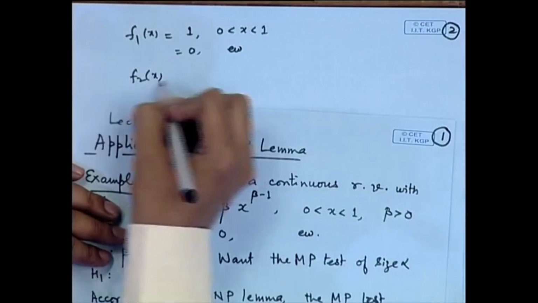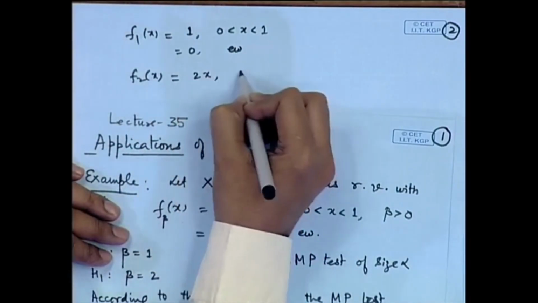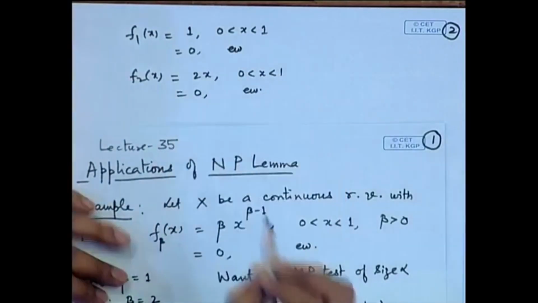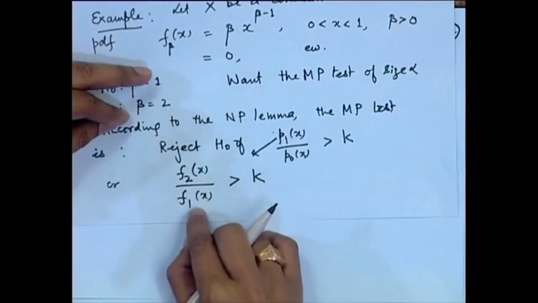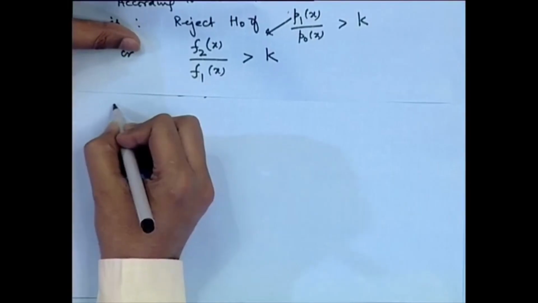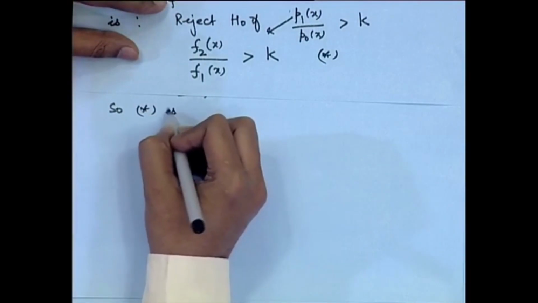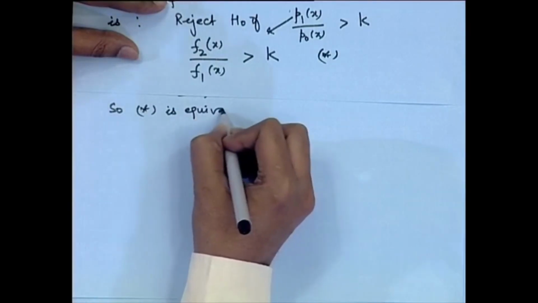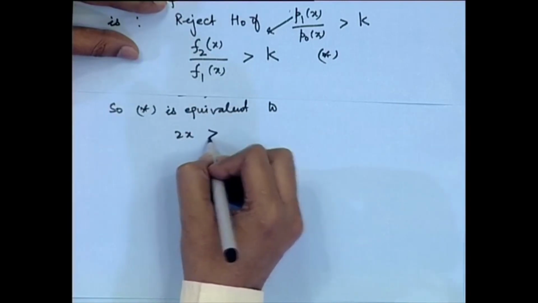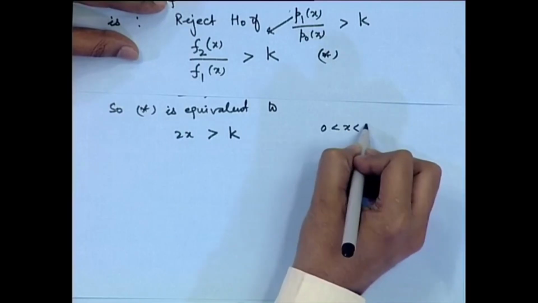In a similar way, f 2 of x, if I put beta is equal to 2 here, I will get 2x. So, the statement f 2 of x by f 1 of x greater than k, let me call it star, is equivalent to 2x divided by 1 is greater than k. Of course, here we are taking 0 less than x less than 1.